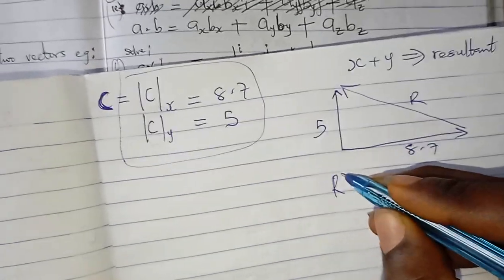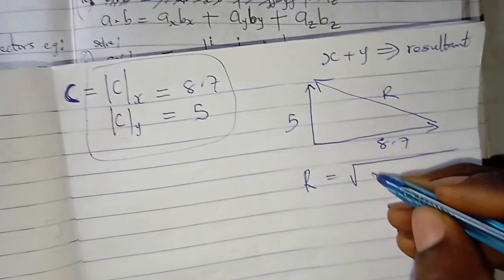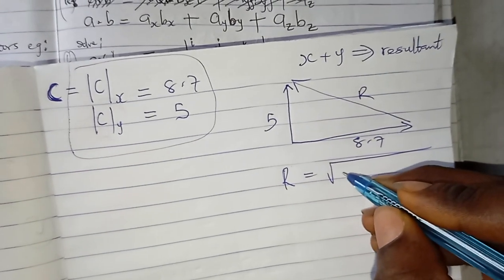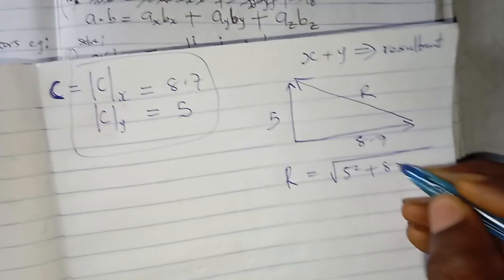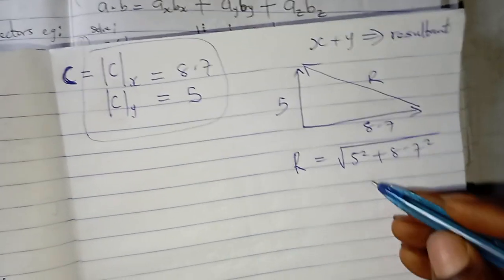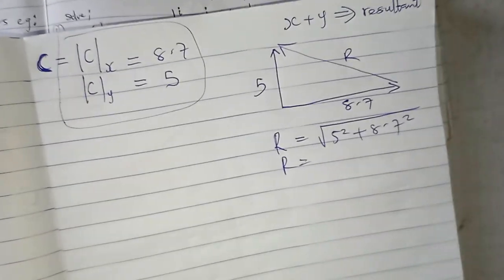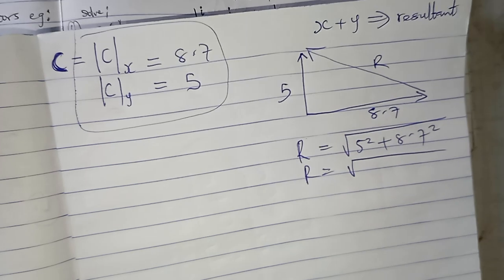I'll do R is equal to the square root of, using Pythagoras, 5 squared plus 8.7 squared. R is equal to, let's do it.